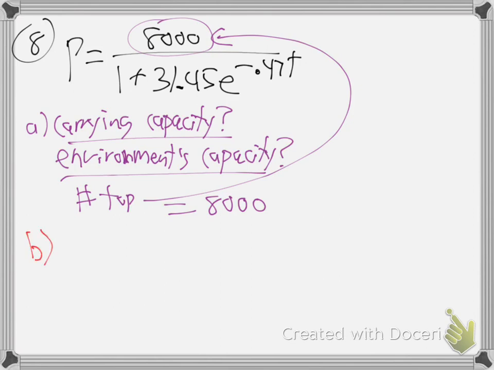All right, and then B is going to ask us, what is the growth rate? When a biologist looks at a real life situation, they might say, we've noticed this petri dish can hold 8,000.